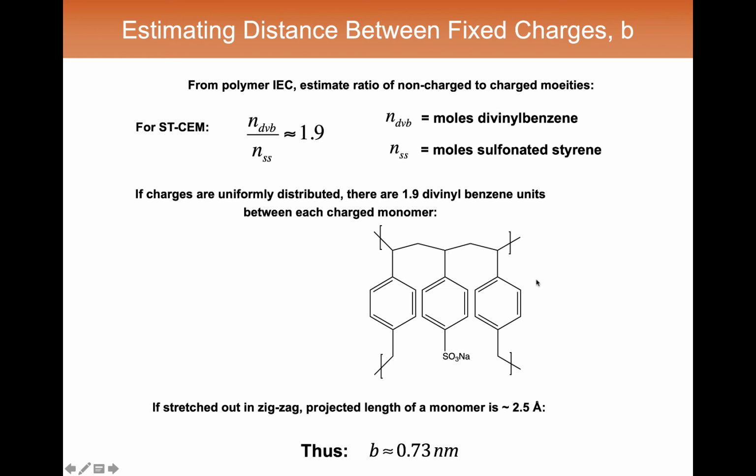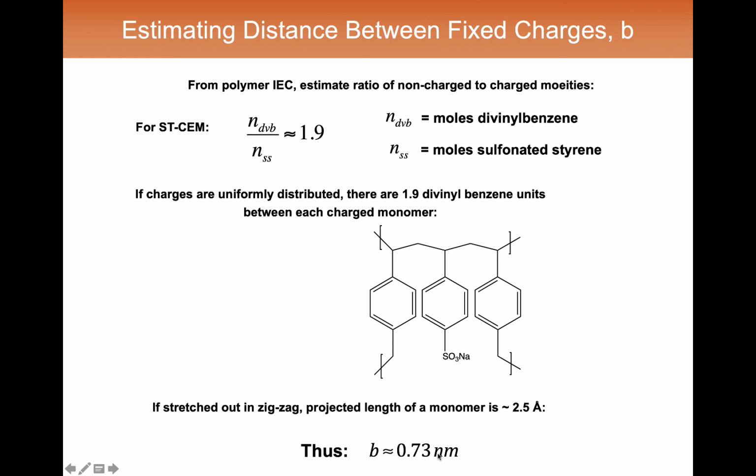And if we stretch this material out in a planar zigzag conformation and assume that the projected length of the monomer is about 2.5 angstroms, we can calculate the distance between fixed charges just based on the geometric arrangement of the ions, and it turns out to be about 7.3 angstroms or 0.73 nanometers. So we can estimate what that distance between fixed charges is.